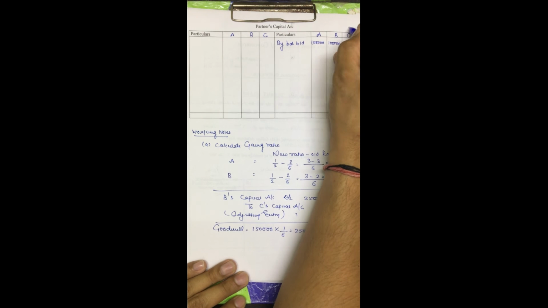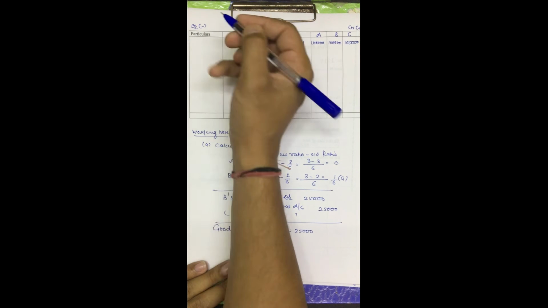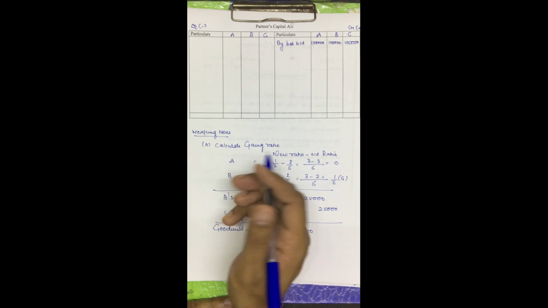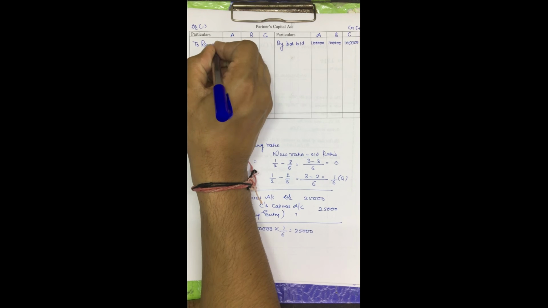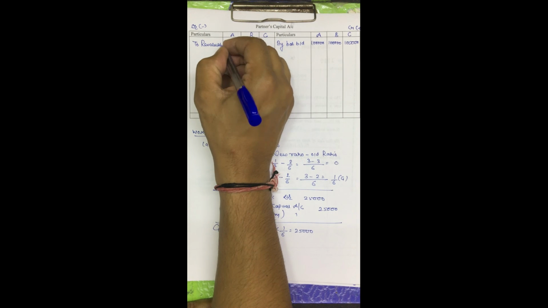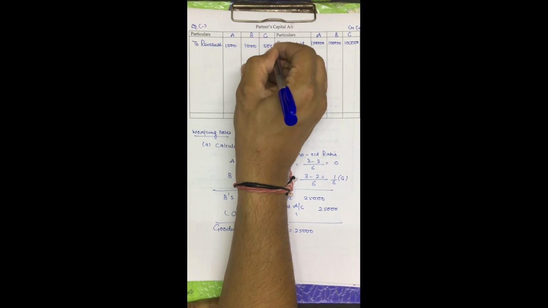Profit will come here, that is credit side, plus side, and loss will come here, that is debit side and minus side. So we have calculated the loss, so we will put here to revaluation account, and the loss is 1500, 1000 and 500. Step by step, guys, please follow step by step.